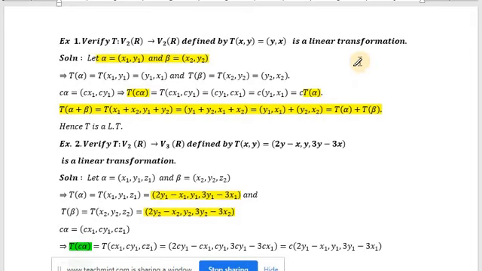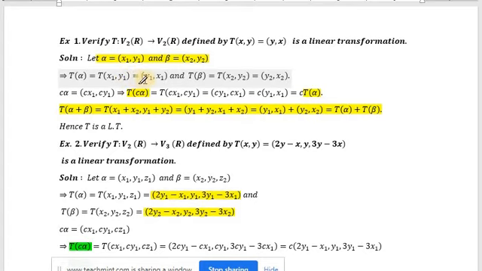So, to prove that, let us consider alpha is equal to (x1, y1) and beta is equal to (x2, y2) as two vectors belonging to V2(R). Then T of alpha, the transformation of alpha, is equal to the transformation of (x1, y1), because alpha is equal to (x1, y1).